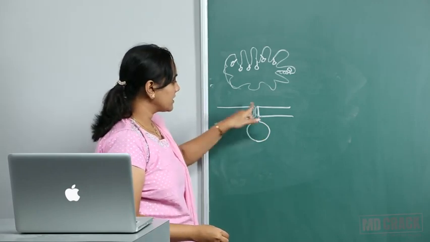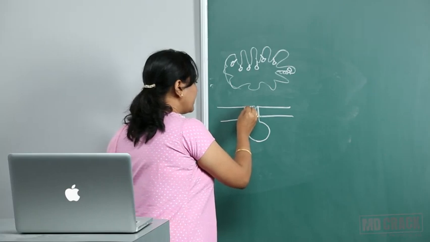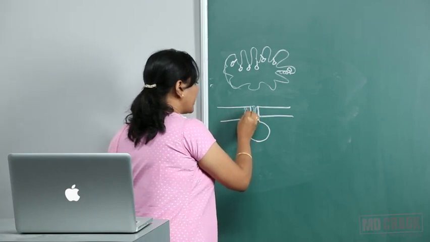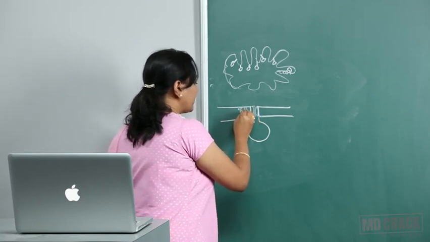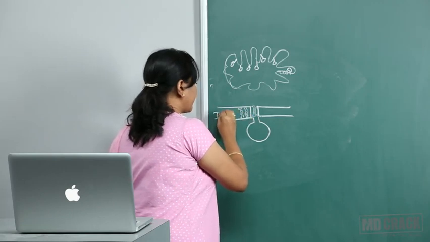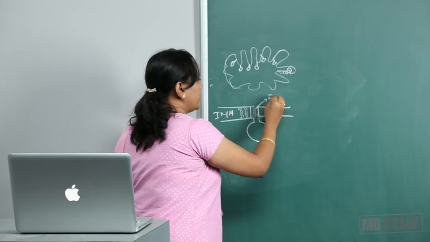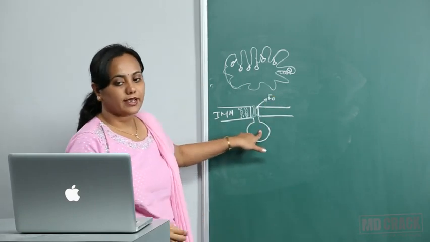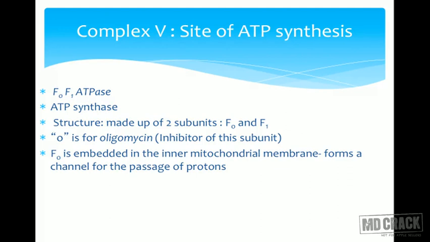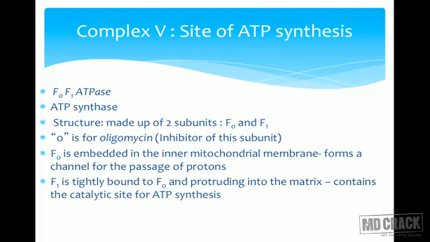So FO is a part of the inner mitochondrial membrane, IMM. This is embedded, this is FO, inhibited by oligomycin, this is F1. Now let us look at it. It forms a channel for the passage of protons.